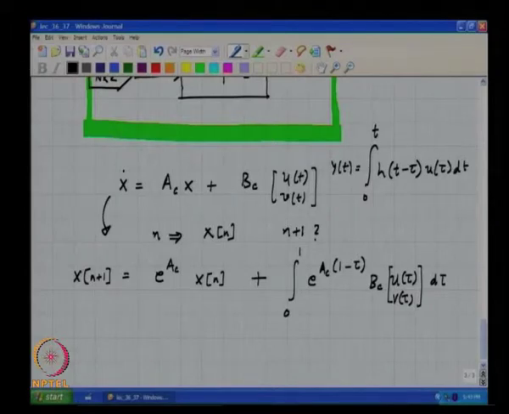Similarly, this is v of n times a constant 1.